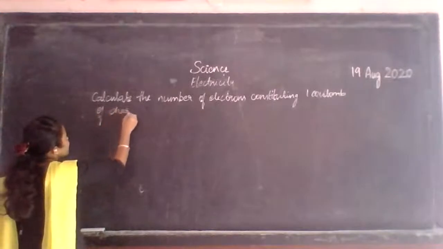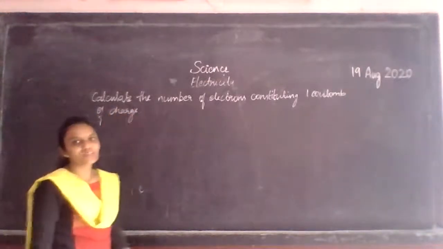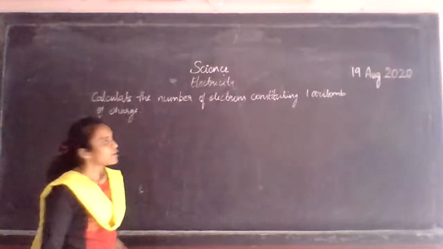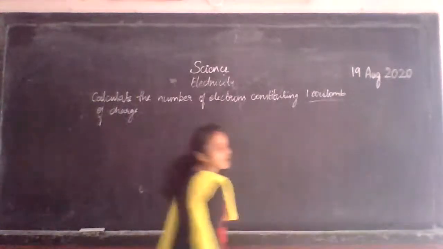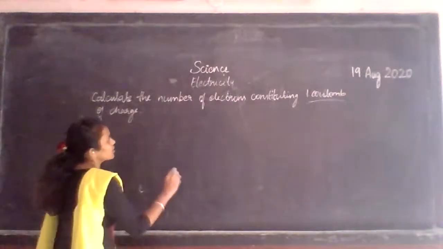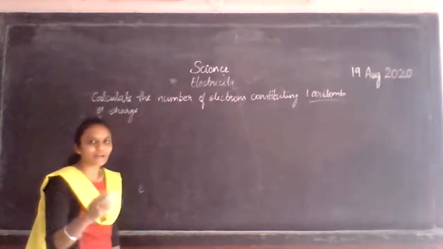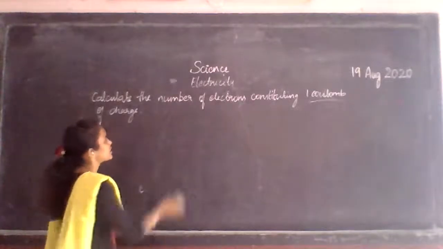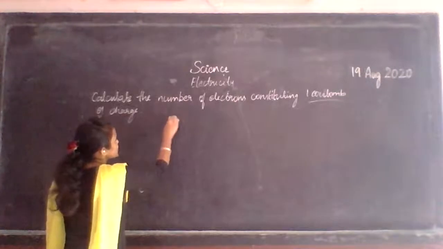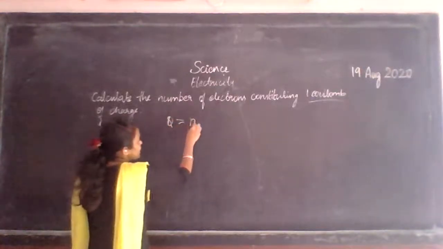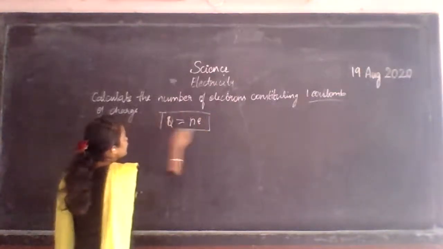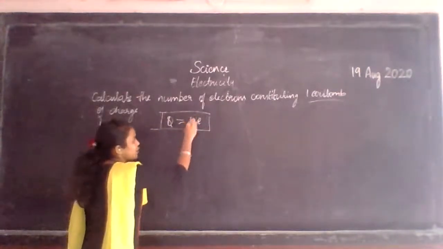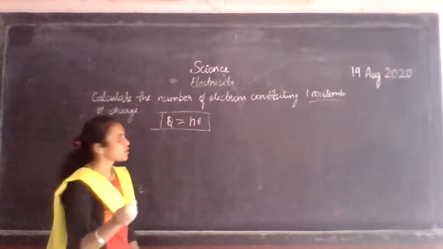In this question you have to calculate the number of electrons required to make 1 coulomb of charge. So the charge is 1 coulomb. In order to make a charge of 1 coulomb, how many electrons are required? This is what we have to calculate. So Q is equal to N into E. This is the basic formula where Q is the charge, N is the number of electrons, and E is the charge on an electron.